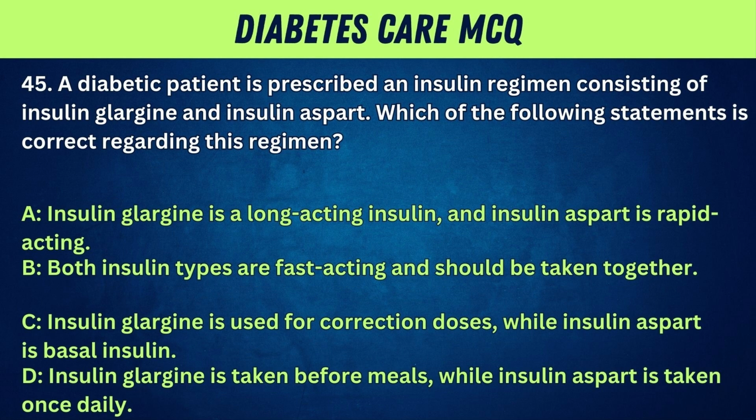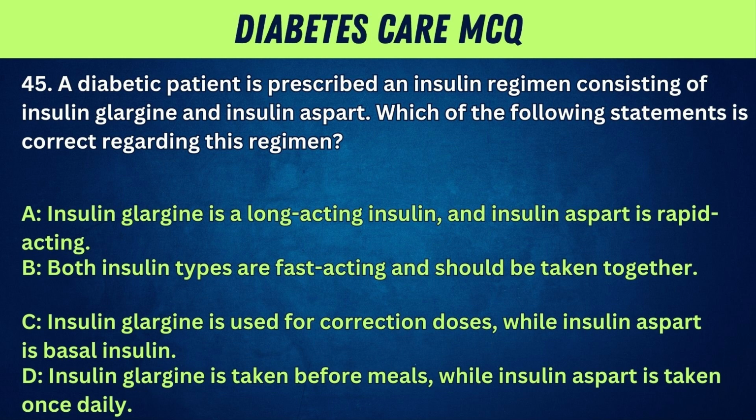45. A diabetic patient is prescribed an insulin regimen consisting of insulin glargine and insulin aspart. Which of the following statements is correct regarding this regimen? A. Insulin glargine is a long-acting insulin, and insulin aspart is rapid-acting. B. Both insulin types are fast-acting and should be taken together. C. Insulin glargine is used for correction doses, while insulin aspart is basal insulin.